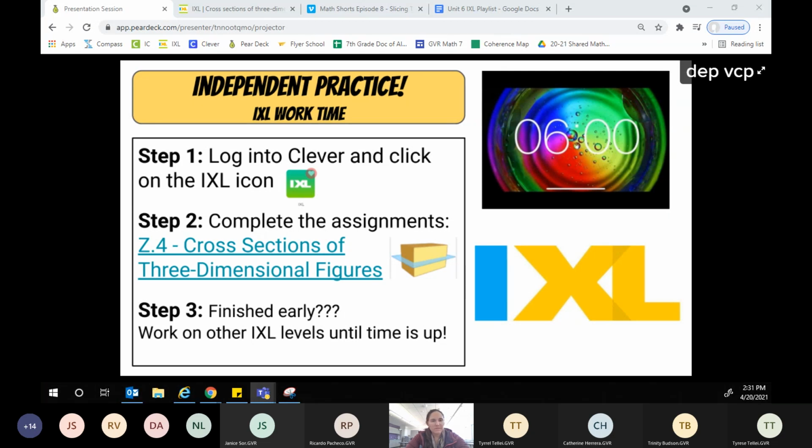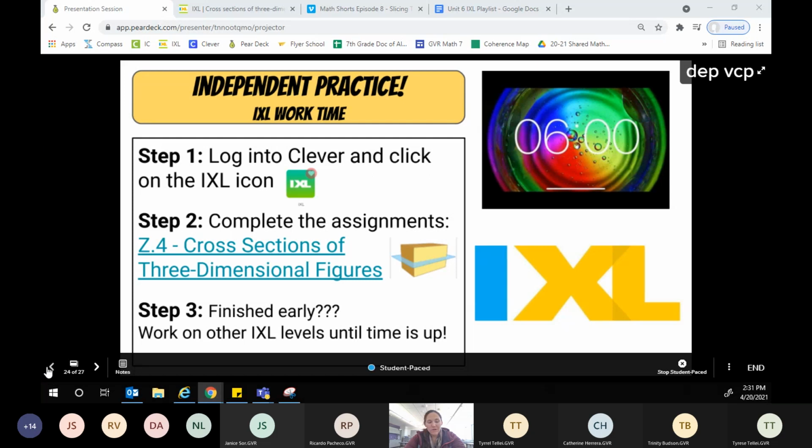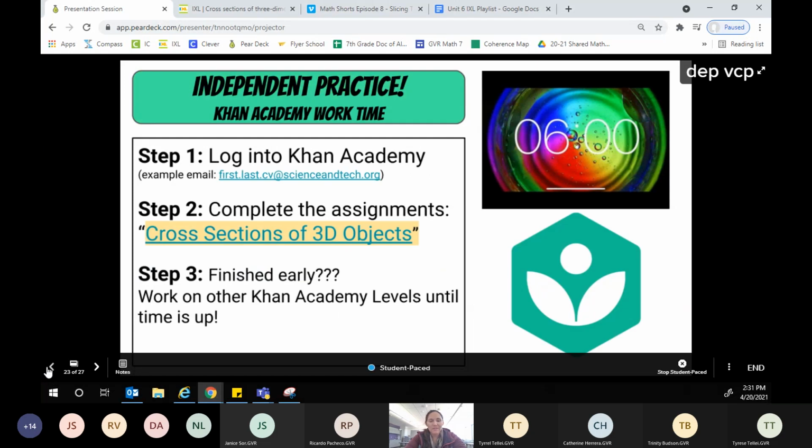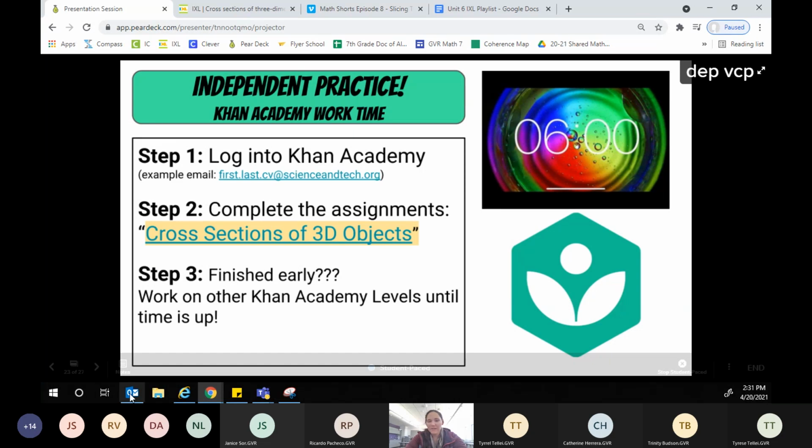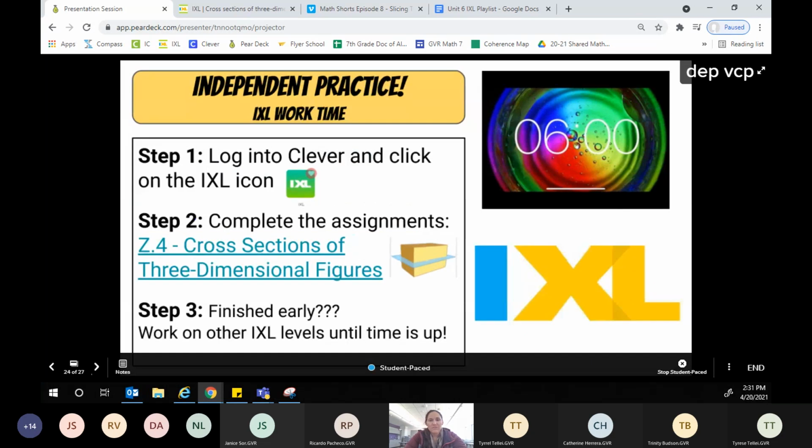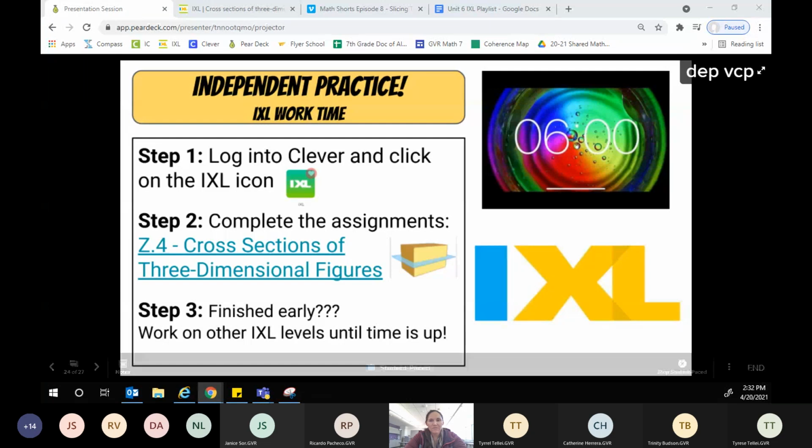Okay, team, 4 minutes, and then we are going to start our mastery check. I'm going to give you guys control of your slides in case you want to look back at your notes or anything. Also, if you are done with IXL but you just want more practice with this skill, I have a Khan Academy lesson linked in there as well. So you can be doing that after IXL. If you're not done with Z4, then you should be on IXL.